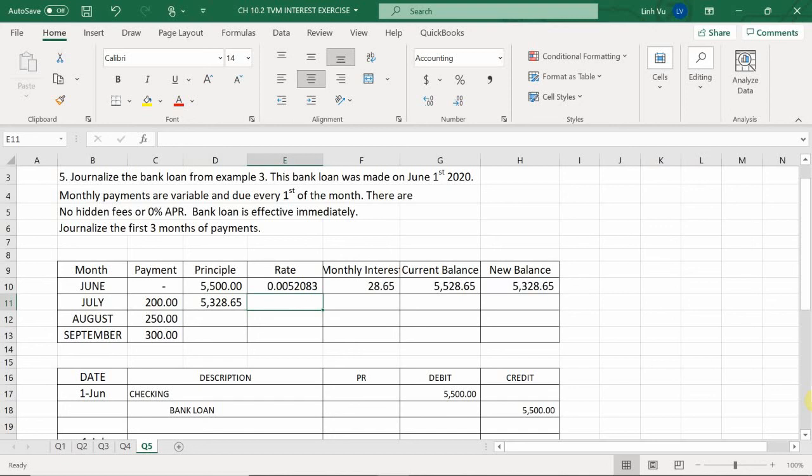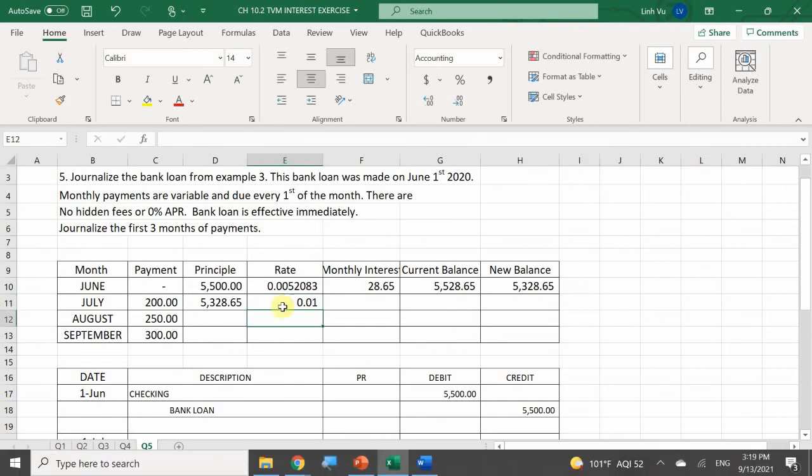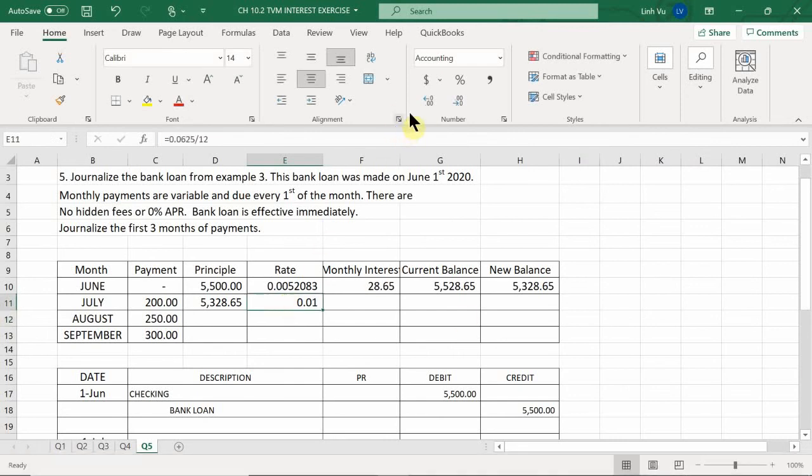So in this case, same thing is going to go here, that your rate is going to be the 0.625 divided by my 12 months to give me a monthly percentage rate of the 0.052, and so on and so forth, right?